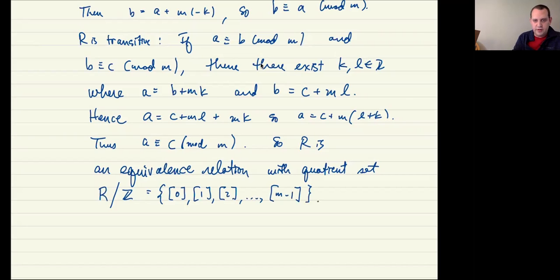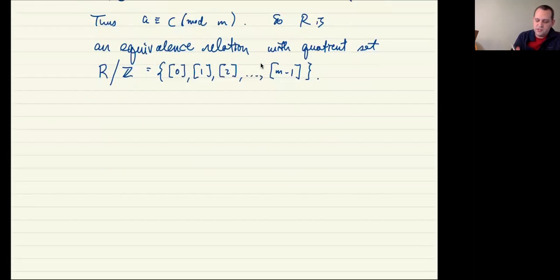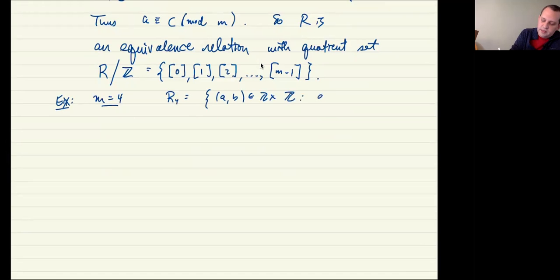So I think at this point it would probably be helpful to do this for a specific value of m. So let's look at m equals 4. Then the relation that we're going to look at is the pair of integers a and b, where a is related to b if a is congruent to b mod m.